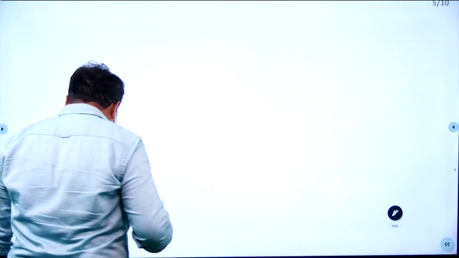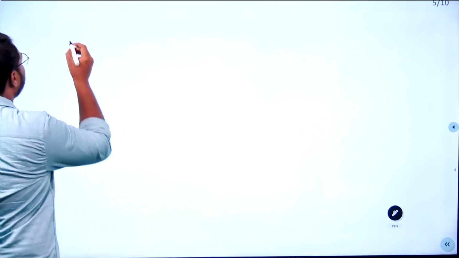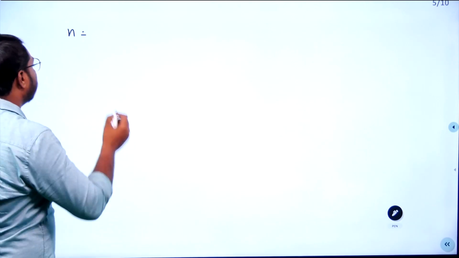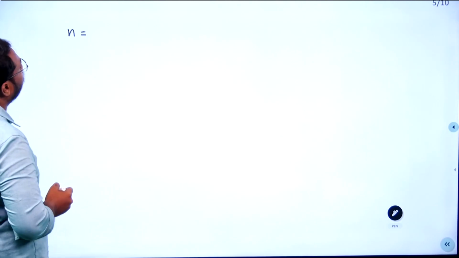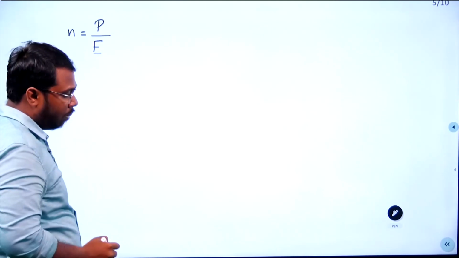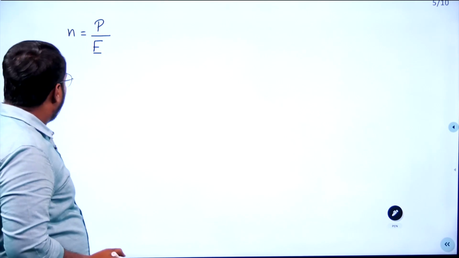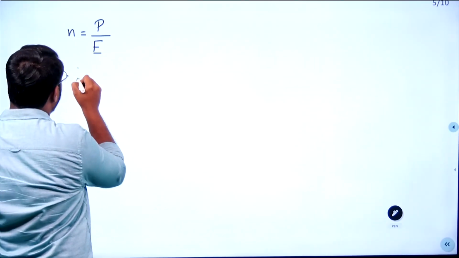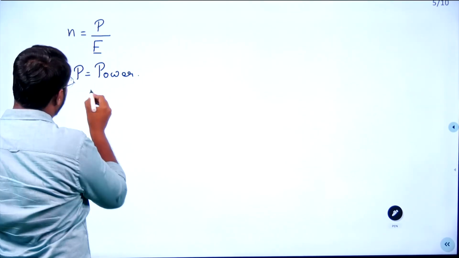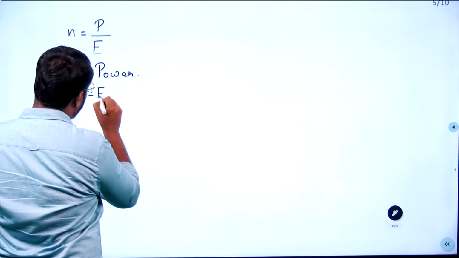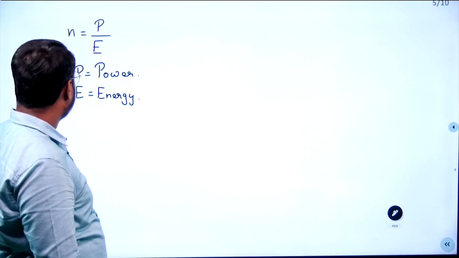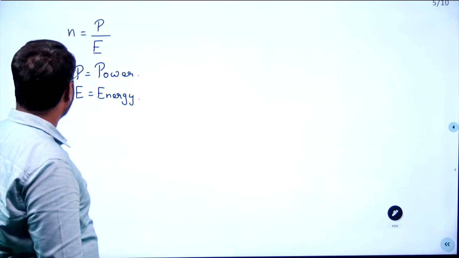You see here, n represents the number of photons, which is equal to P by E. P stands for the power and E stands for the energy.